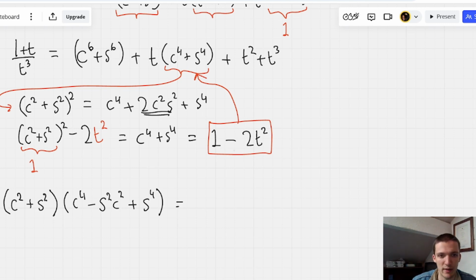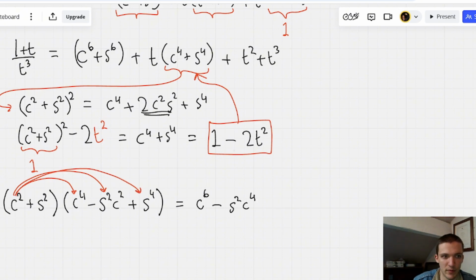And let me just check if I've done this correctly, because I'm not actually sure. That's going to be c to the 6 by multiplying these. Multiply these, I get a minus s squared c to the 4. Multiply these, I get plus c squared s to the 4. So that's looking good so far. Multiply these, I get plus s squared c to the 4.